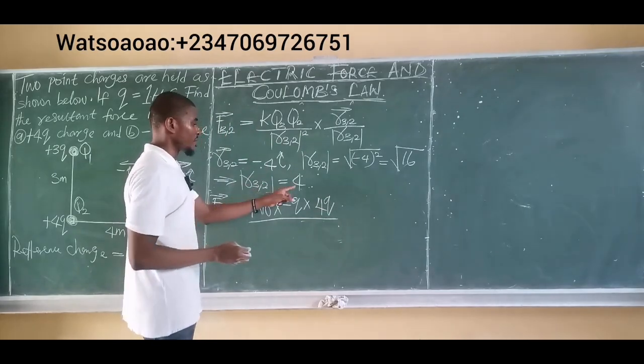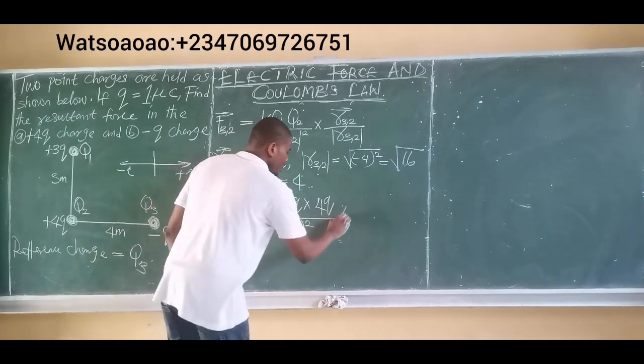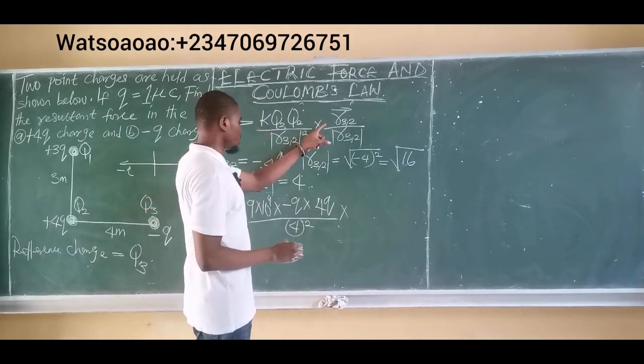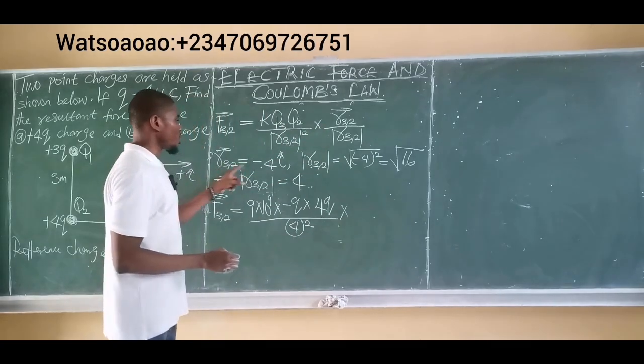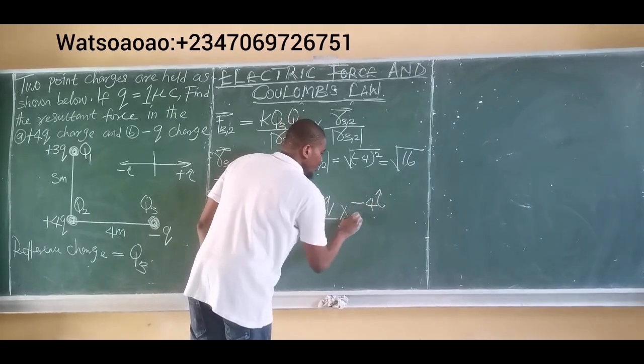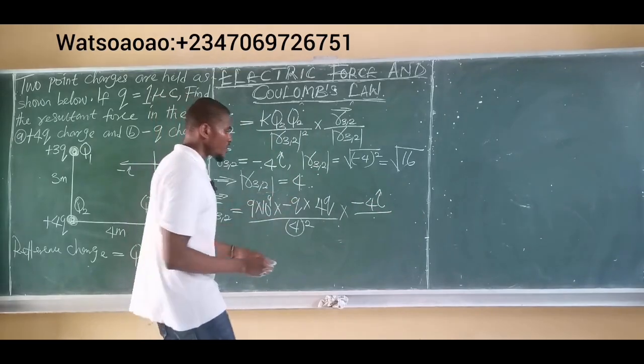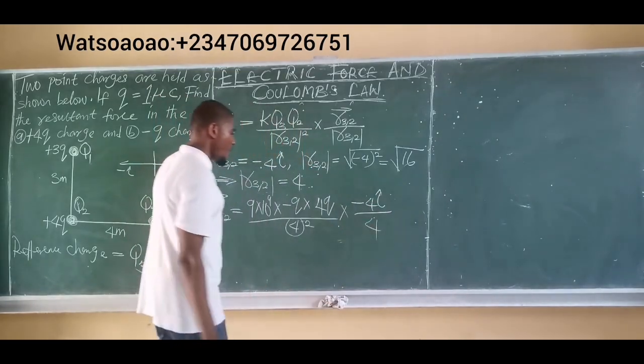The magnitude gave us 4, so you have 4 all squared, multiplied by the unit vector, which is the position vector, negative 4 I, divided by the magnitude, which is simply 4.